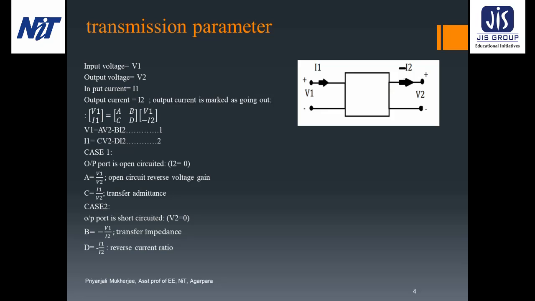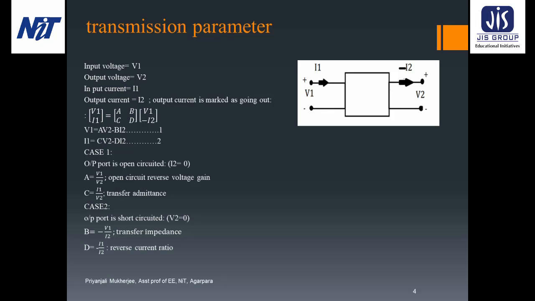And for the next case, we are considering that the output port is short circuited, and when the output port is short circuited, then V2 will go to 0. At that condition, when V2 is equal to 0, we can say B is the ratio of V1 and I2 and it is known as the transfer impedance, whereas D is the ratio of I1 and I2 and it is known as the reverse current ratio.